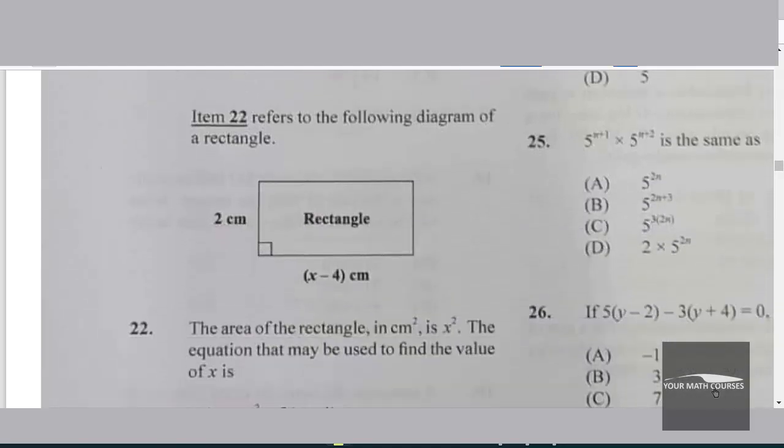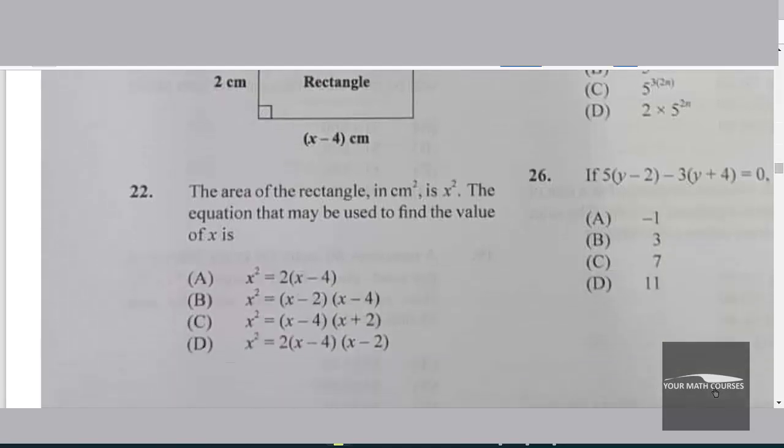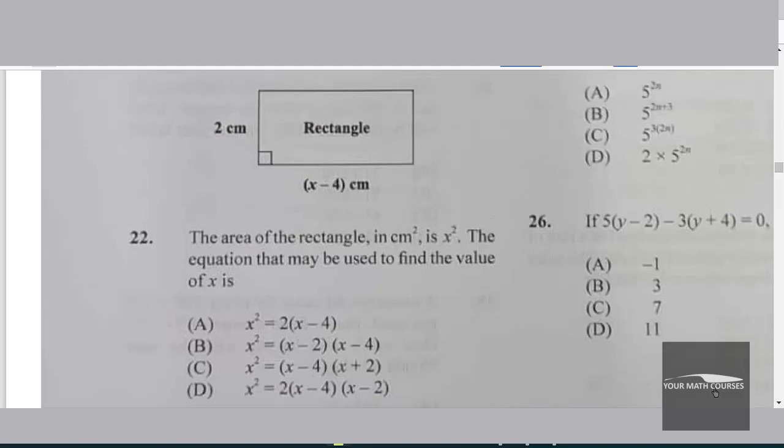Item 22 refers to the following diagram of a rectangle. So we can see the rectangle. The area of the rectangle is x squared in centimeters squared. The equation that may be used to find the value of x is, so we know that the area of a rectangle is the width times the length.